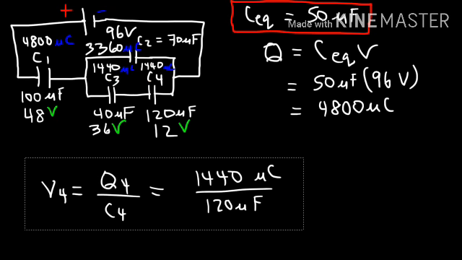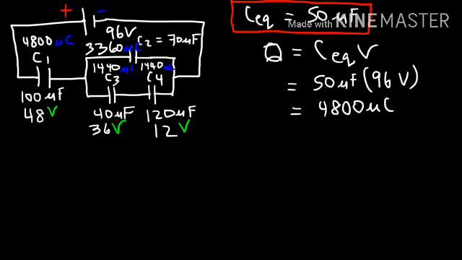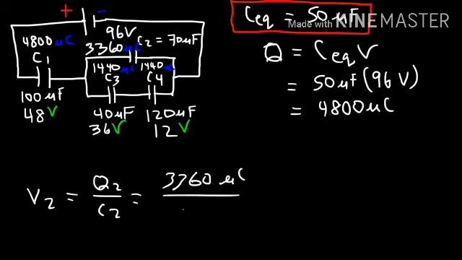So 36 plus 12 is 48. So we should get a voltage of 48 across C2. So V2 is Q2 divided by C2, and so that's 3360 divided by 70 microfarads. And so that gives us a voltage of 48 volts.